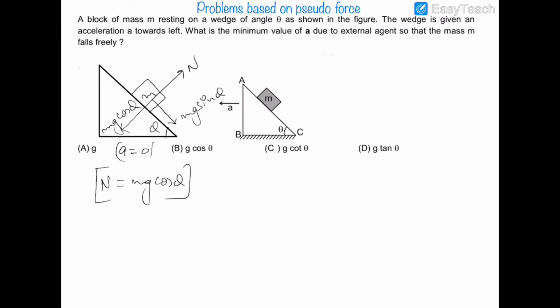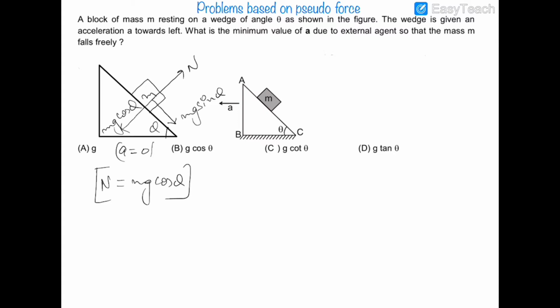Now we need to make sure that normal reaction becomes 0. So this mg cos theta, this force, must be balanced by some other force, then normal reaction will become 0.